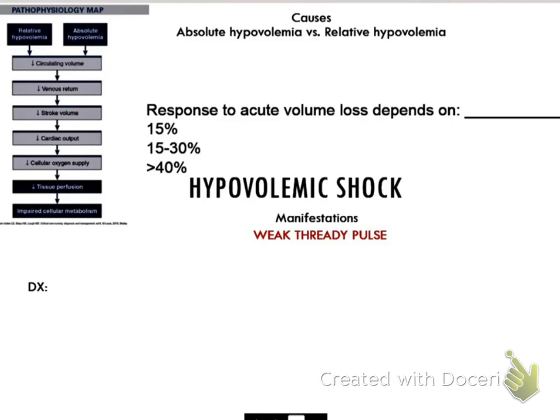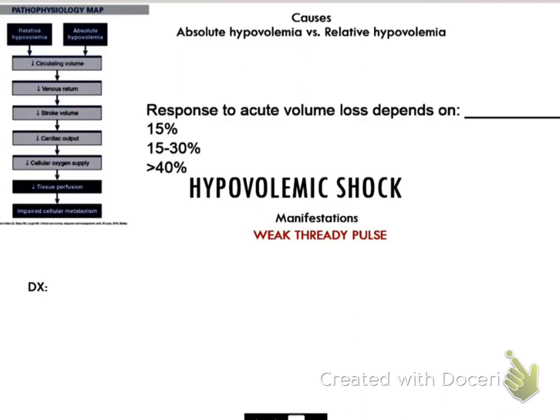So you know how when we say neurogenic shock, think bradycardia? So hypovolemic shock, think weak, thready pulse. So your patient, the manifestations: weak, thready pulse. They're going to be anxious. They're going to have some tachypnea.